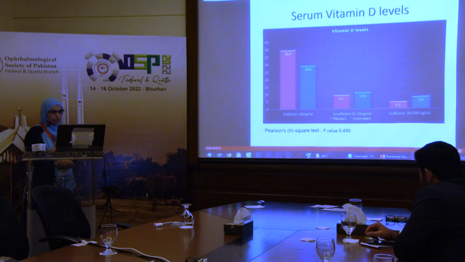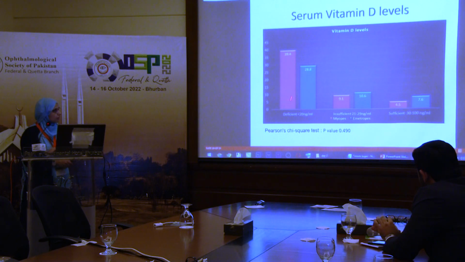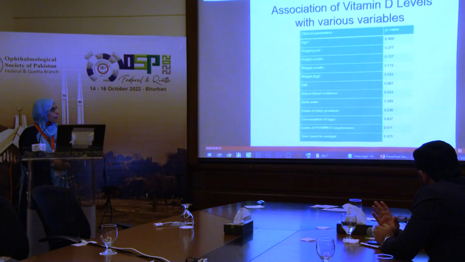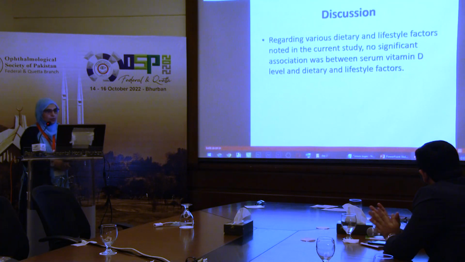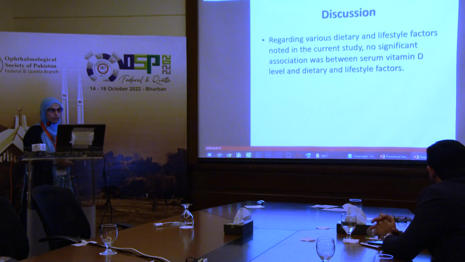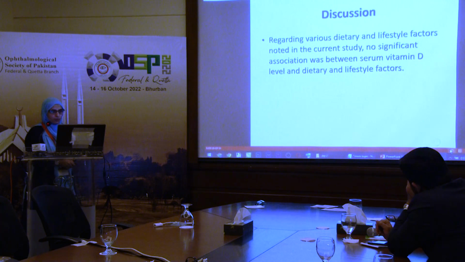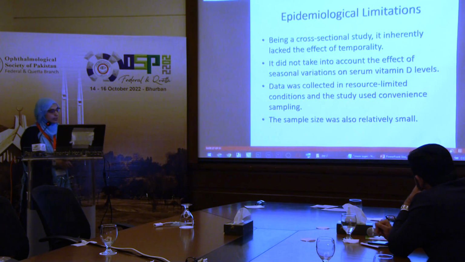And as I've mentioned before, our population is generally deficient in vitamin D, the myopic as well as the controls. So, regarding various dietary and lifestyle factors noted in the current study, we did not find any significant association between vitamin D level and dietary and lifestyle factors.